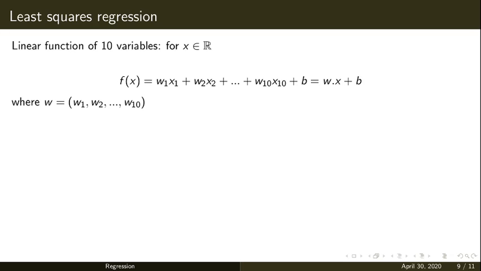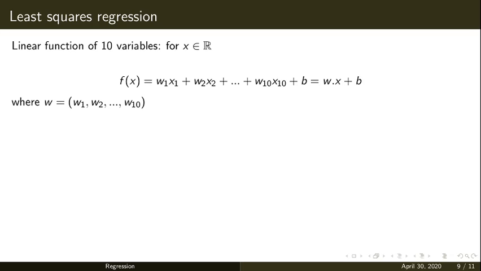Next we'll try to generalize this. That is, let's talk about a linear function of 10 variables, which means x belongs to R10. For a linear function of one variable, we have written it like y equal to wx plus b.